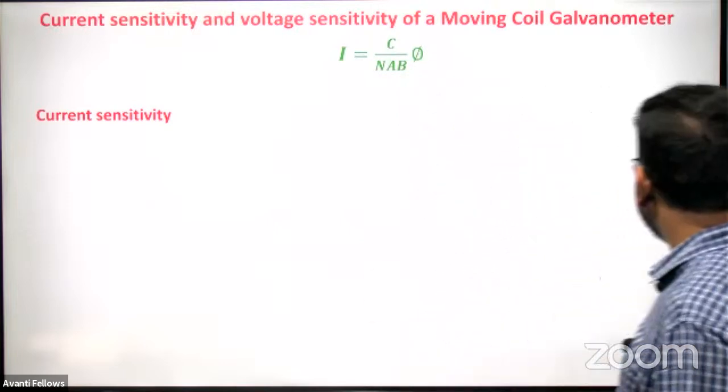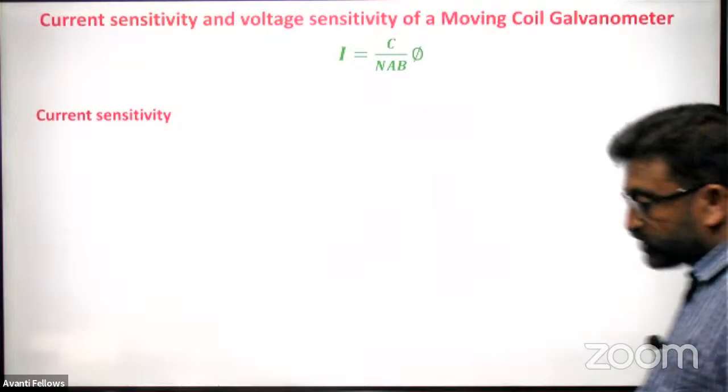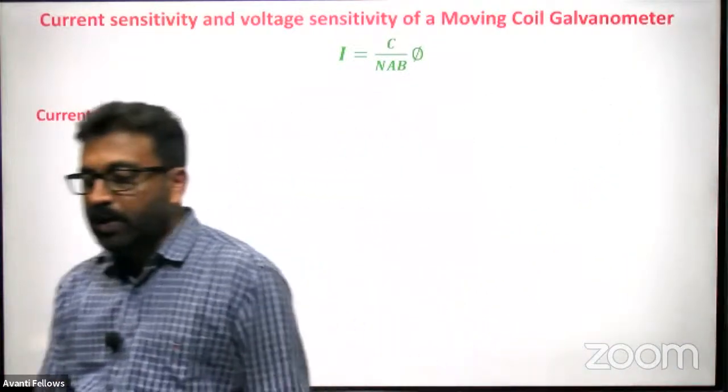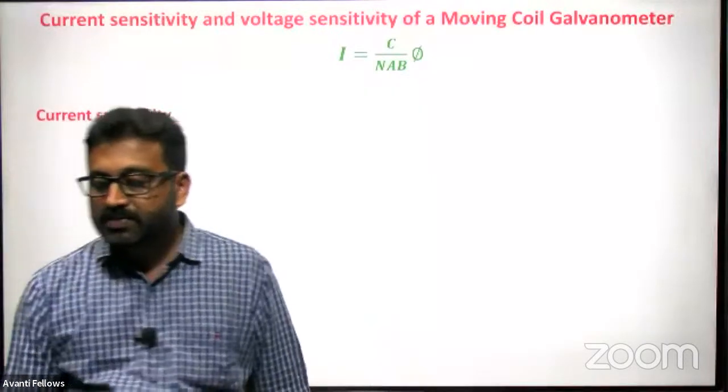So current sensitivity is deflection per unit current. How much deflection is there for 1 ampere current? That is called current sensitivity.